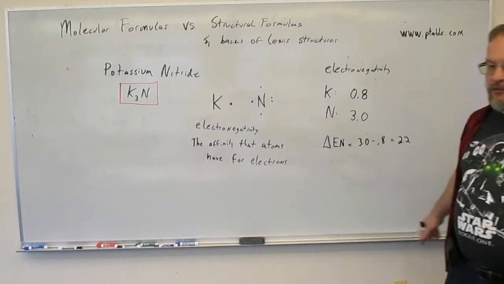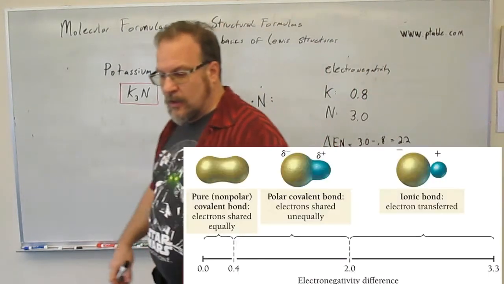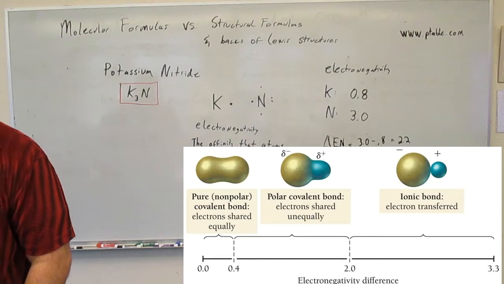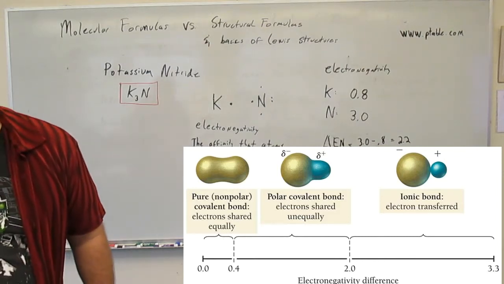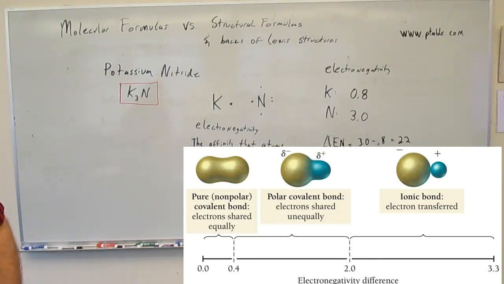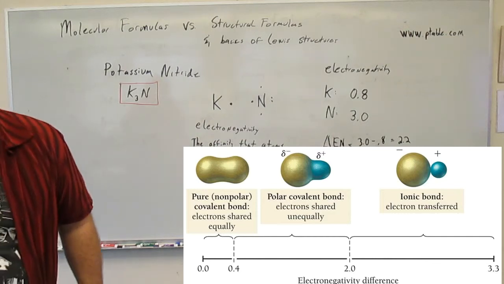Now I'll flip back to the little electronegativity chart that I'll show you. You'll see on that chart I've got a region from 0 to 0.4, and that region is called the non-polar covalent bond. The region that goes from 0.4 to 2.0, including 0.4, is called the polar covalent bond situation.